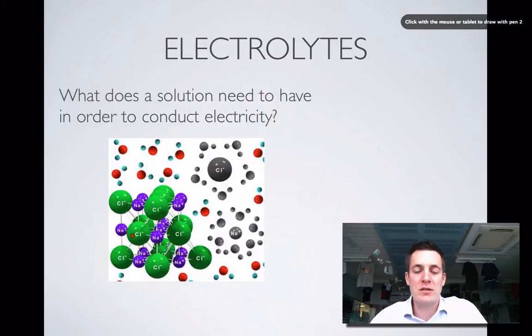They can't conduct in the solid state, but as soon as they are broken up by the solution, they can conduct. So any substance that will release ions into a solution when you dissolve it is called an electrolyte. You have to have these free moving ions if your solution is going to conduct, so your substance has to be able to produce ions.